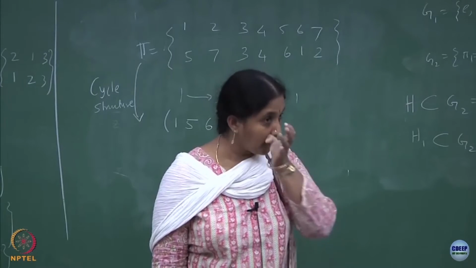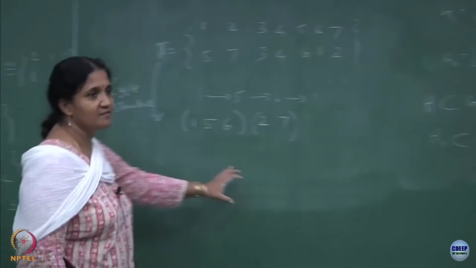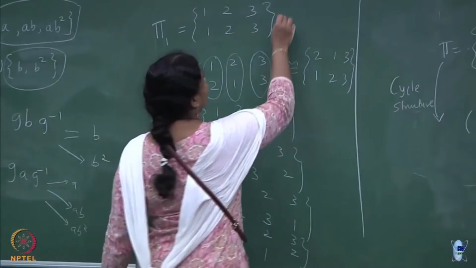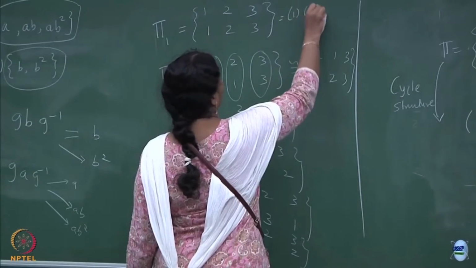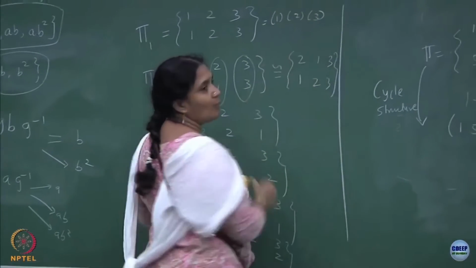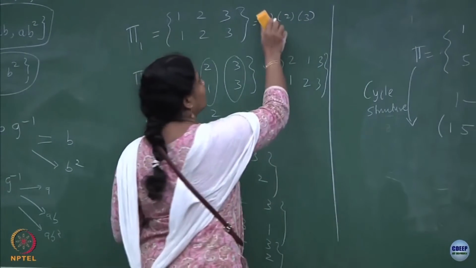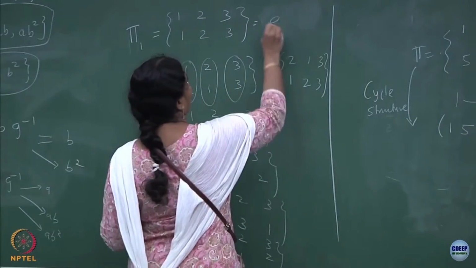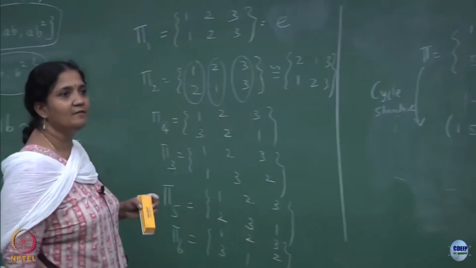That is the meaning. So, this is what a cycle structure is. Let us write the cycle structure for these elements. This you can write as 1, 2 and 3, but anyway it is equivalent to not mentioning it; you can just leave it as an identity element.